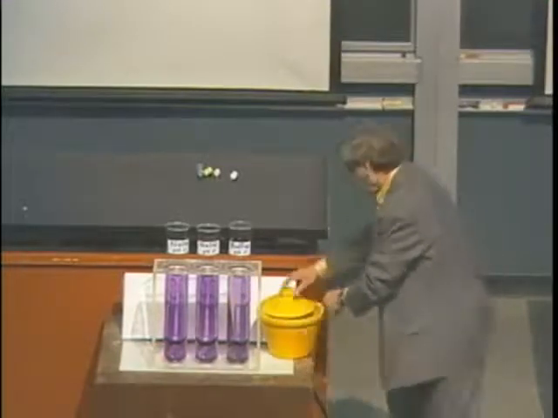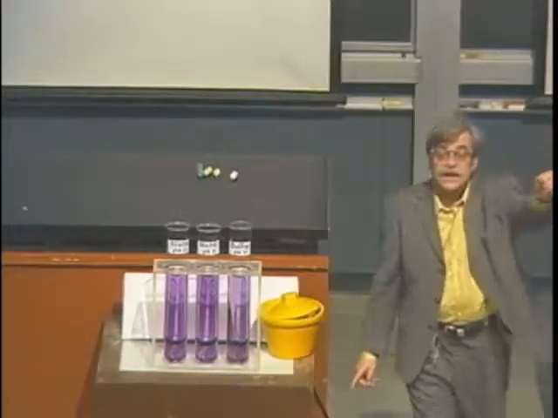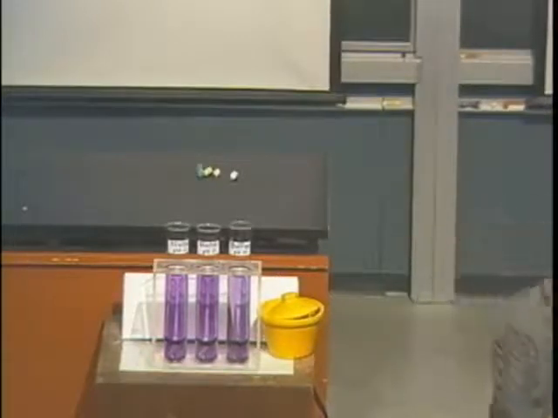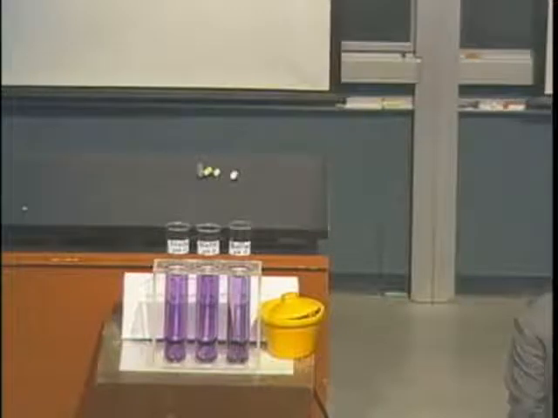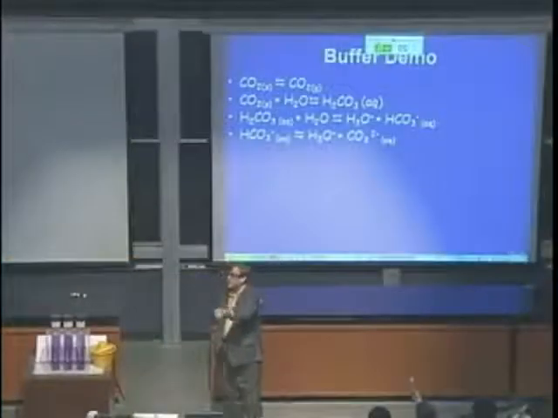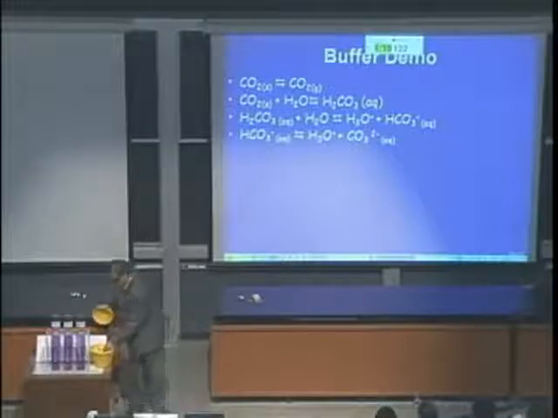If I put this solid carbon dioxide in there. So A, larger, B, equal, and C, smaller than 11. Why don't you answer that, please? If I add this carbon dioxide here.